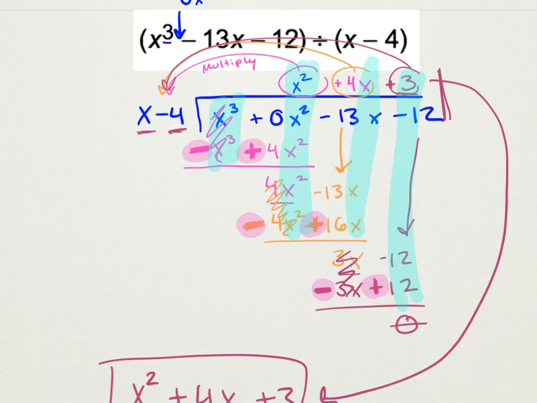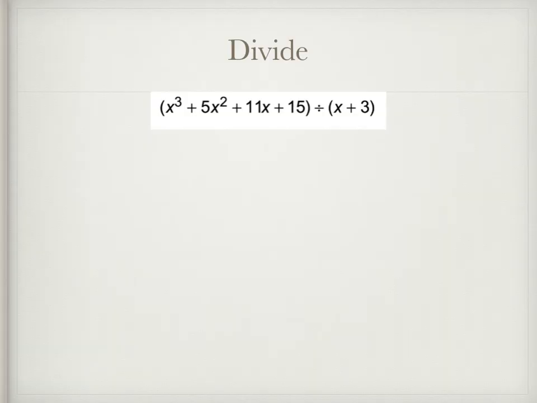It'll help you. All right, what goes on the outside? X plus 3. What goes on the inside? X cubed plus 0x squared plus 5x squared plus 11x plus 15. That's when we don't have an x squared, that's a 0, right?